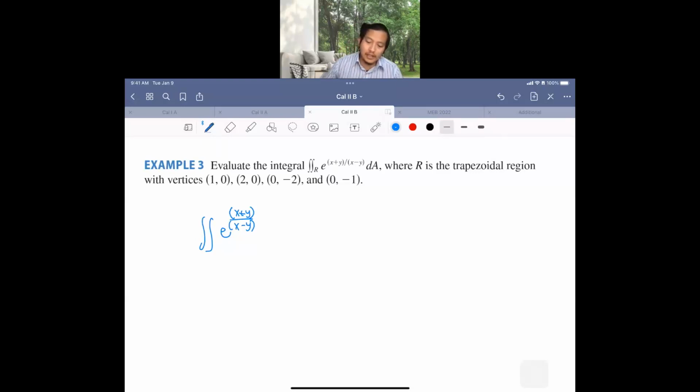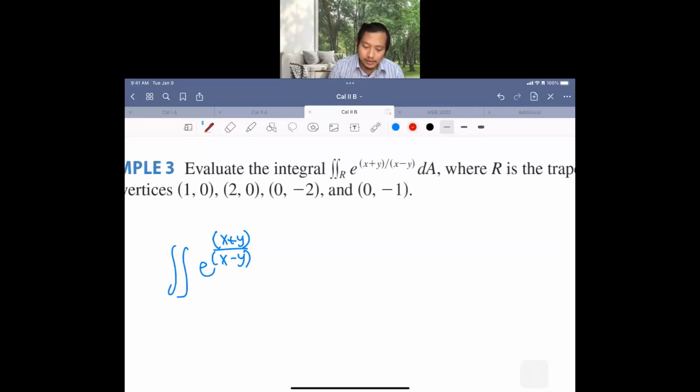So, as suggested by its form, if you look at this x plus y and x minus y, how about we define this in a new plane or new variables? Let's say we take u as x plus y and take v as x minus y.